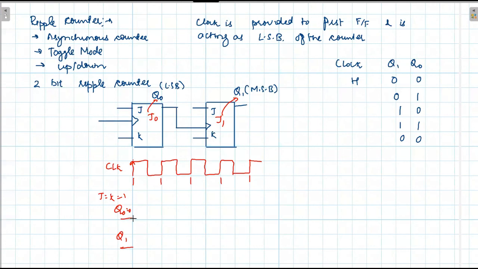So this is 0, so this becomes high. Again at this state, because the previous state is 0 1, it toggles. Now previous state is 0, it becomes 1, and previous state is 1, it becomes 0.